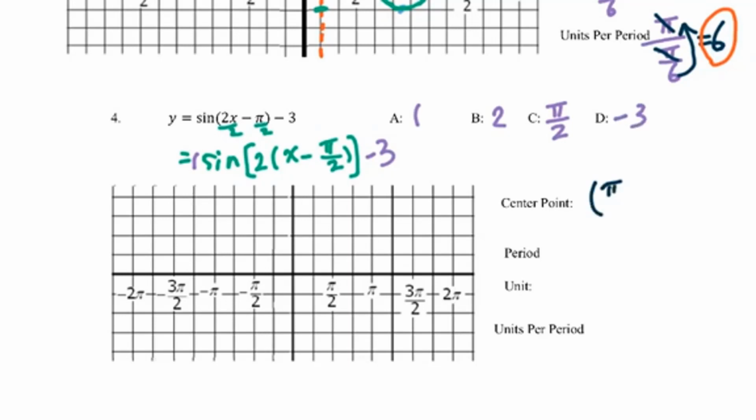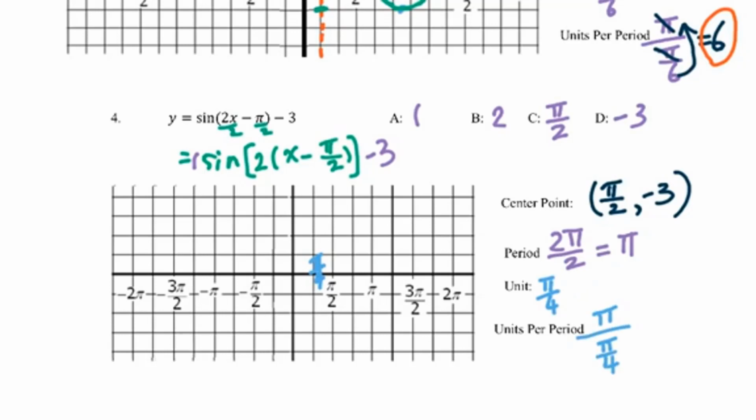Center point will be pi over 2, negative 3. Period, that will be 2 pi divided by 2, that's pi. Unit, according to the given graph, pi over 2 divided by 2. This is pi over 4. Therefore, I use pi divided by pi over 4. This reduce, 4 jump, you got the 4.